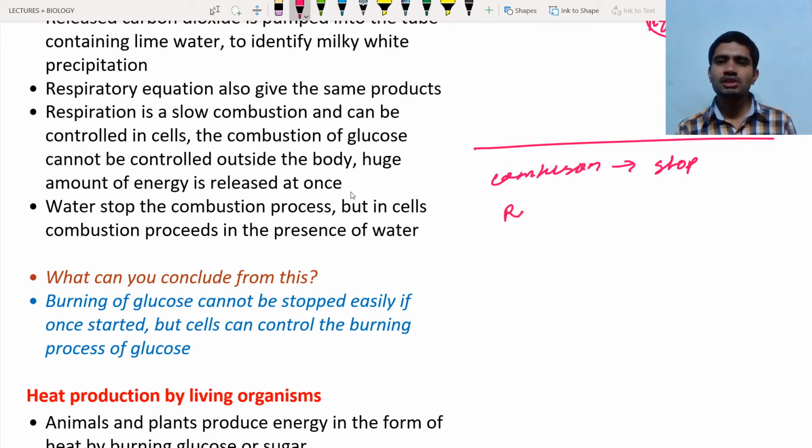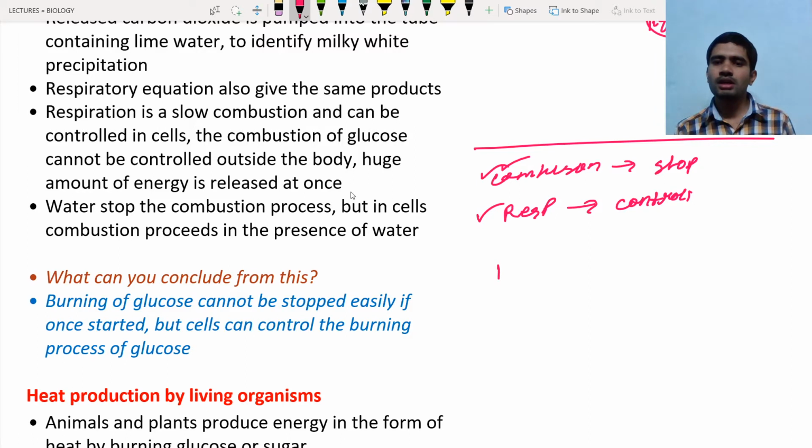But respiration, the controlled reaction in the cells, is known as respiration, or the burning of the glucose. So the combustion is seen in the laboratory, and the same combustion is seen in the cells. If the burning of glucose is seen in the cells, that is known as respiration. If the burning of glucose is seen in the laboratory, that is known as combustion.